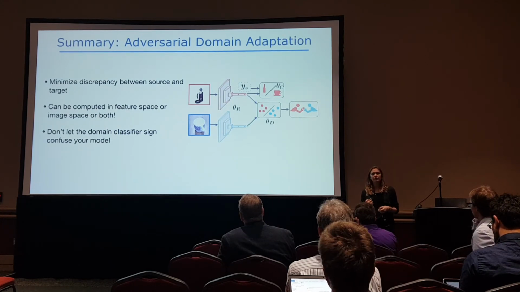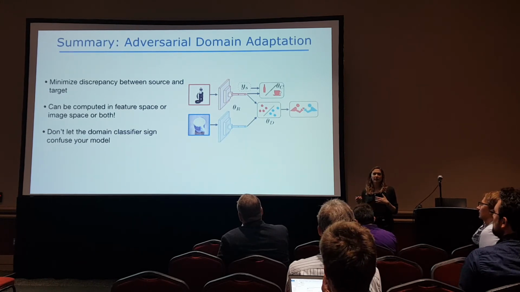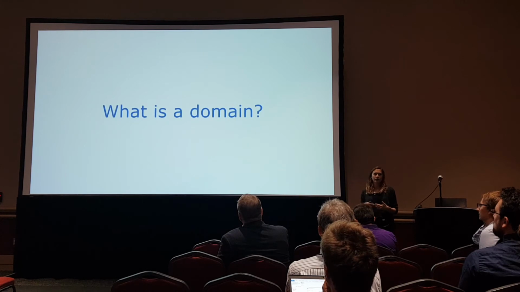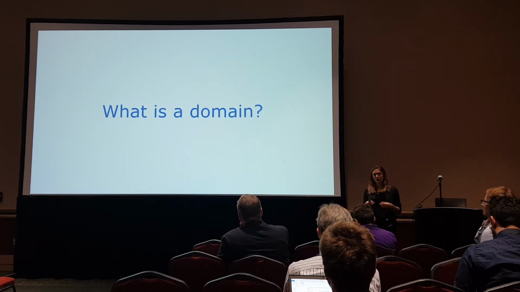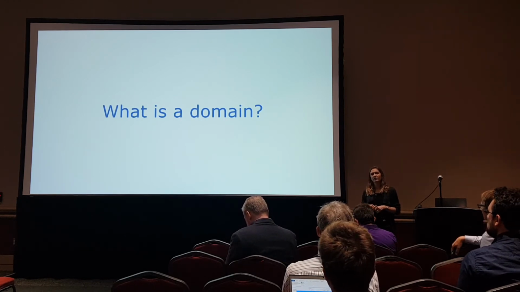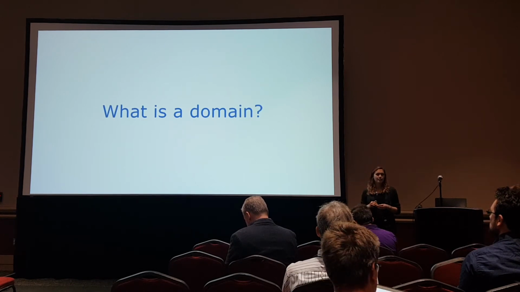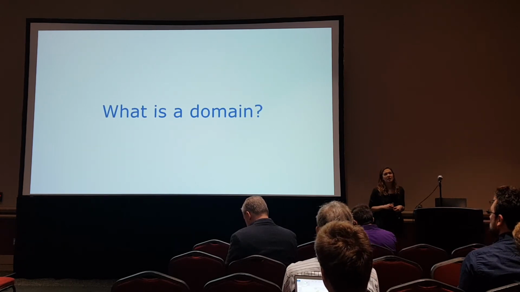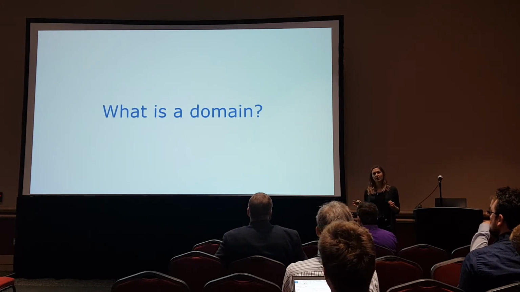In the remaining minutes of this talk, what I want to talk about is something a little bit going forward, which is that everything I've talked about so far has really focused on this idea that you have access to a source data set and a target data set. And that, in general, is a pretty static assumption.